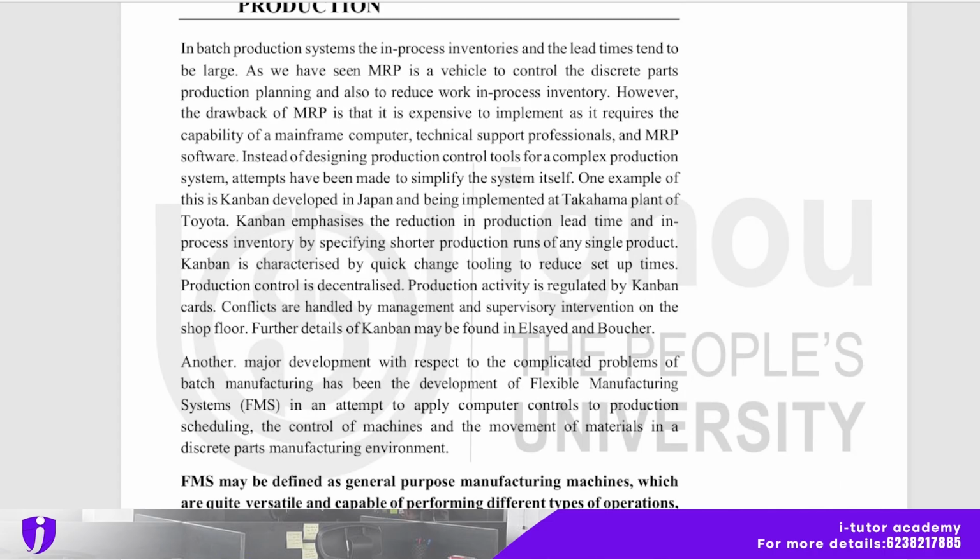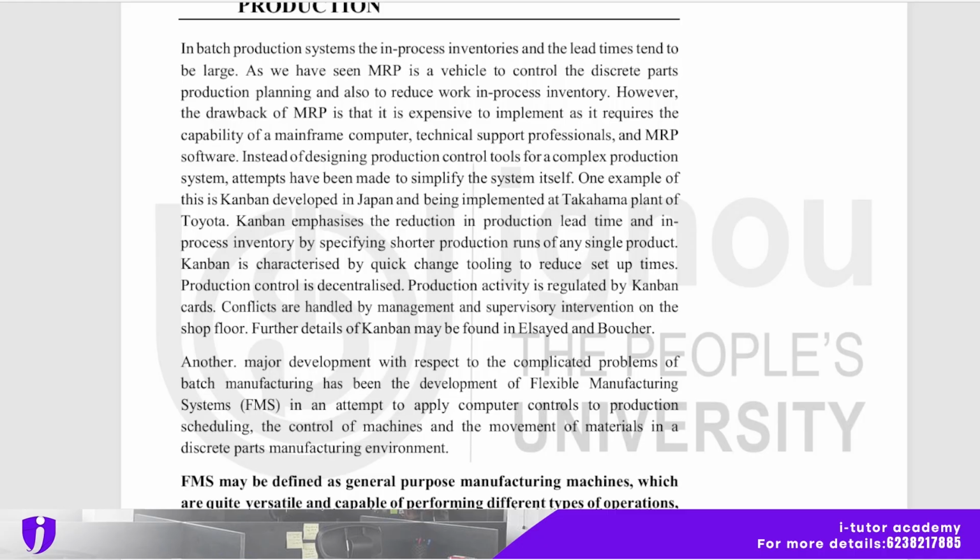And now, problems and prospects of batch production. In the batch production system, the in-process inventories and the lead time tend to be large. As we have seen, MRP is a vehicle to control discrete part production planning and also to reduce work in process inventory. However, the drawback of MRP is that it is expensive to implement, as it requires the capability of a mainframe computer and technical support professionals and MRP software.